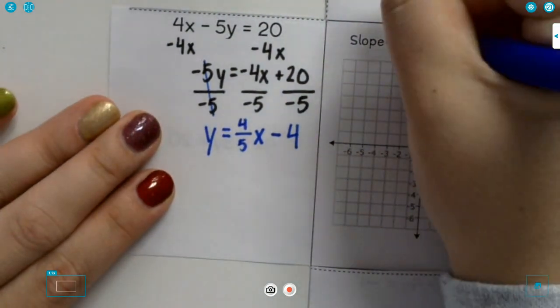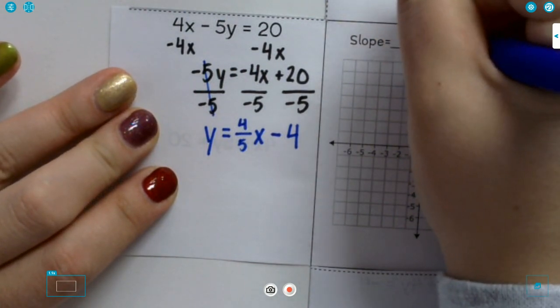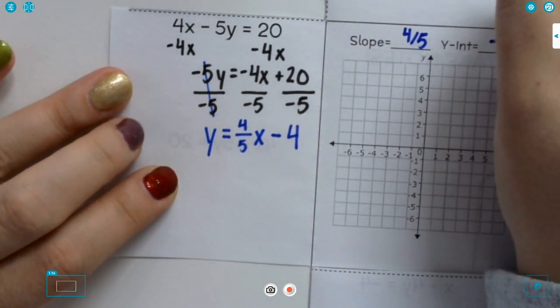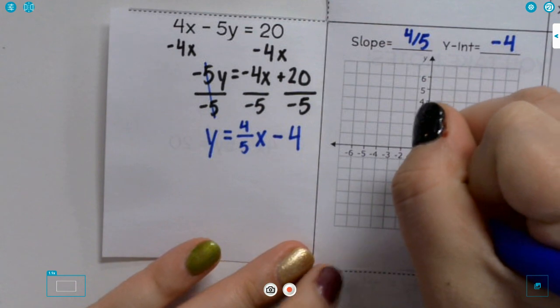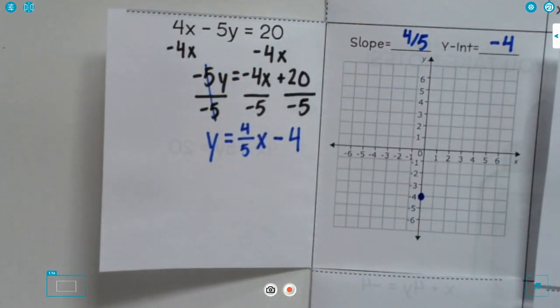So my slope is 4/5. My y-intercept is negative 4. So I'm going to start on my graph at negative 4 on my y-axis.